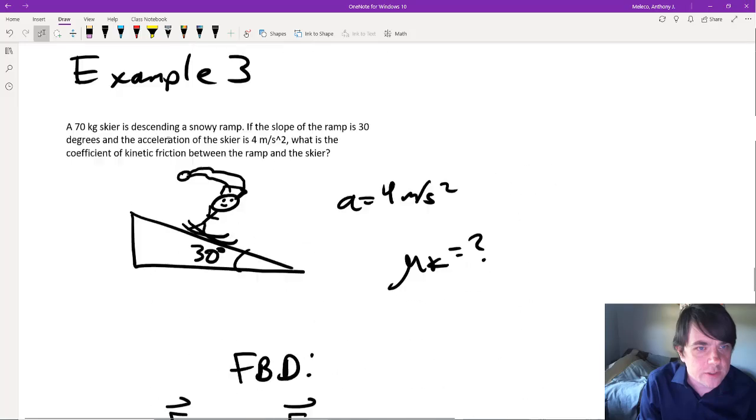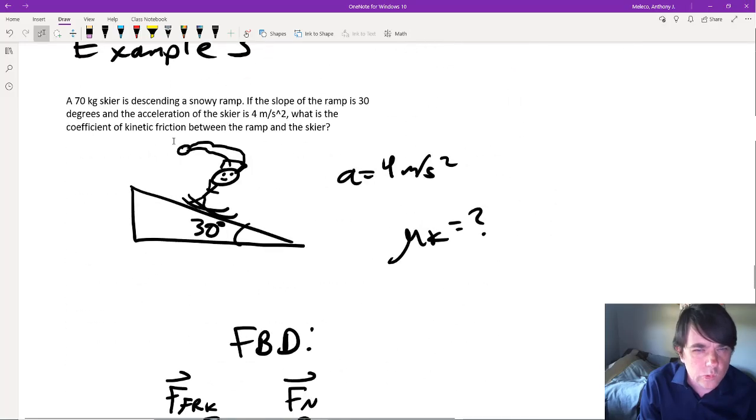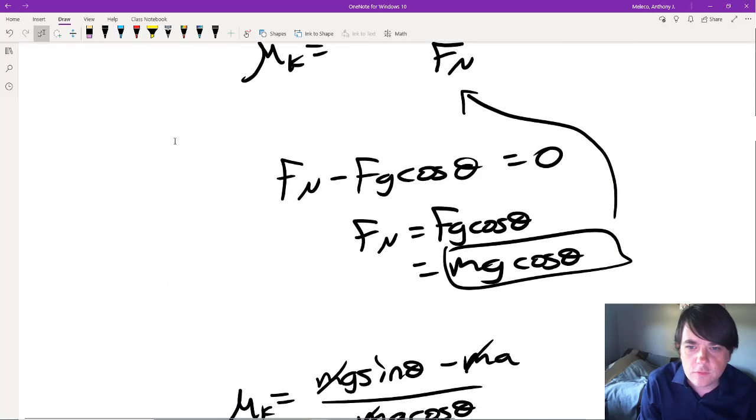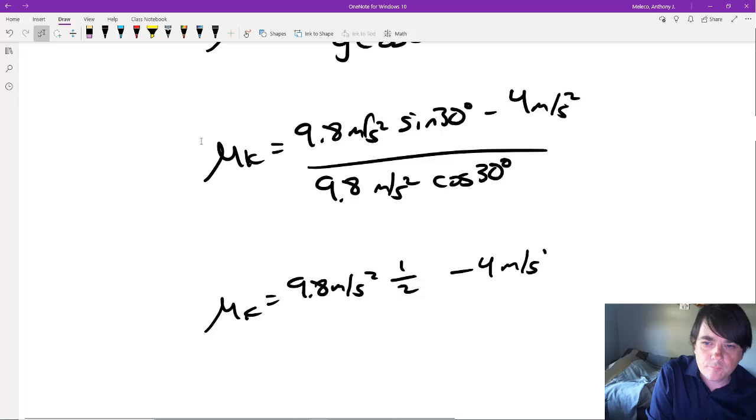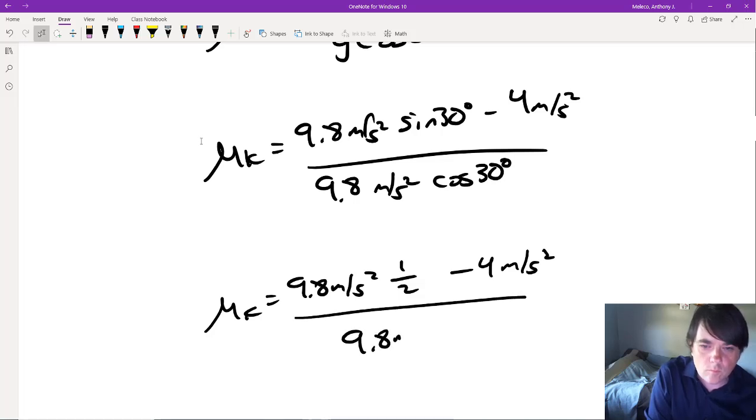Just make sure this was 30 degrees. Yeah, 30 degrees. Cosine of 30 is root 3 over 2.